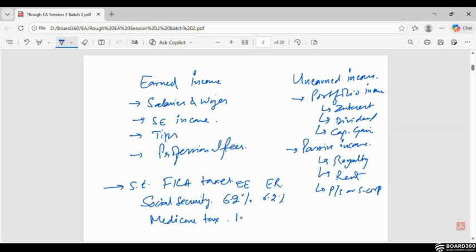For Medicare, it is 1.45% and 1.45%. Again, we will discuss in detail, but for now, earned income is subject to FICA taxes, Social Security and Medicare, whereas unearned income is not subject to FICA taxes.